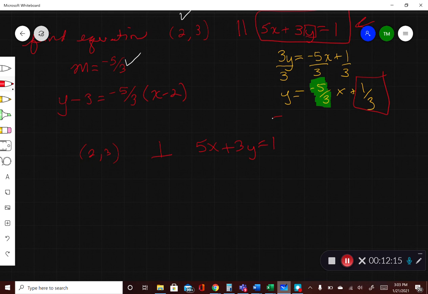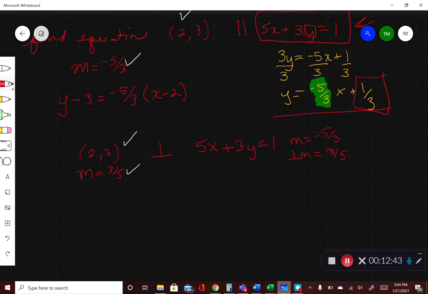Now luckily we've already solved that for y, and we know that the slope of this line is negative 5/3. So the perpendicular slope is going to be the negative reciprocal. So that's going to be 3/5. So the slope of the line I'm looking for is 3/5. So we need to know a point and the slope. We have both of them.